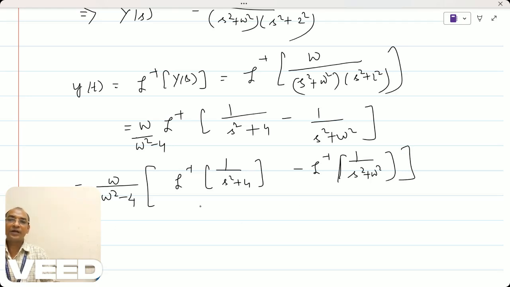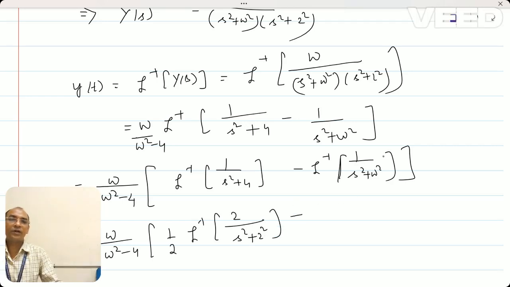That implies, to get the formula, I will multiply by 2 and divide by 2. So omega by omega square minus 4, and I will have 1 by 2 L inverse of 2 by s square plus 2 square, and then minus, I will multiply by omega and divide by omega, 1 by omega into L inverse of omega divided by s square plus omega square.